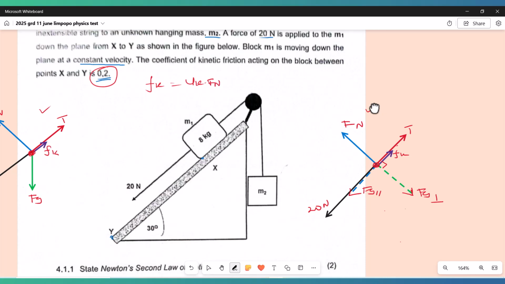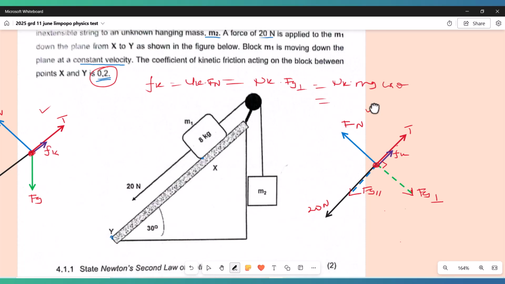Now our F normal, as you can see from here, is exactly opposite to Fg perpendicular. So it's going to be coefficient multiplied by Fg perpendicular. Now Fg perpendicular, we use mg cos of theta.